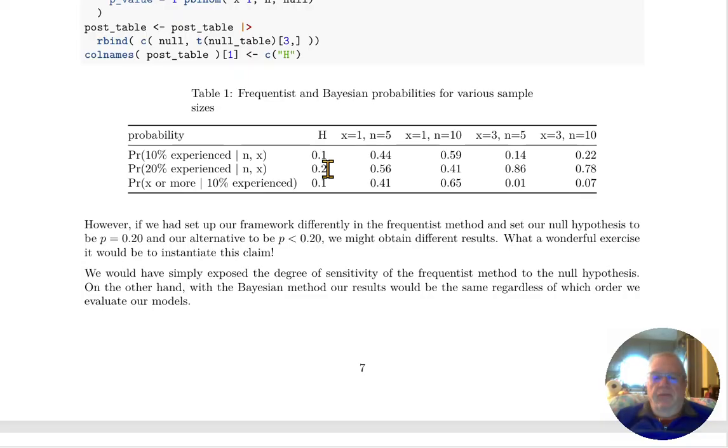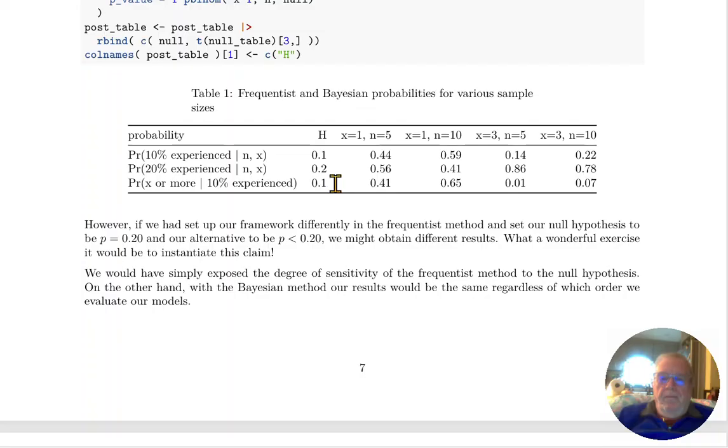That's the alternative. It really should have been a line here. It's just the flip of this, as is when you increase both the number of successes, experienced teams, as well as the size of the sample. You get the same pattern, exactly the same pattern.